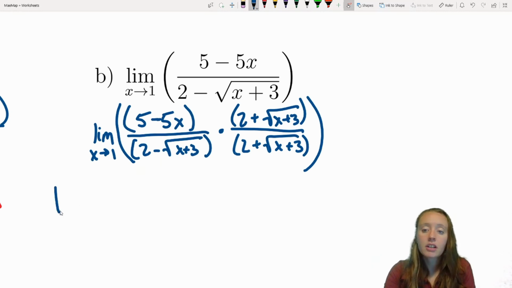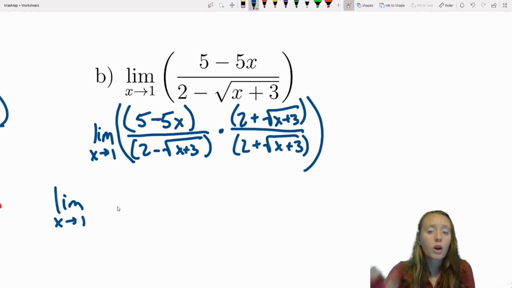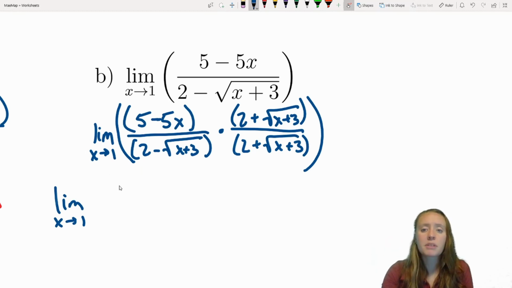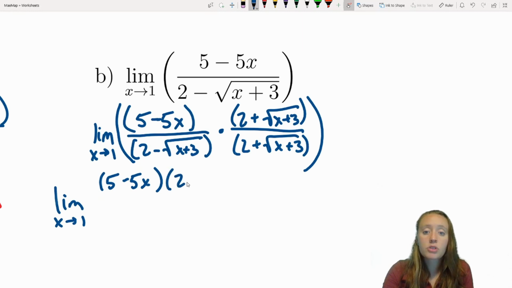Simplifying this limit, remember it's not my numerator that's giving me difficulties, it's my denominator. So I'm not going to do all that work to distribute that through unless it's going to help me simplify down later, which I'll decide eventually. For now, I'm going to leave it as is: 5 minus 5x times 2 plus the square root of x plus 3.